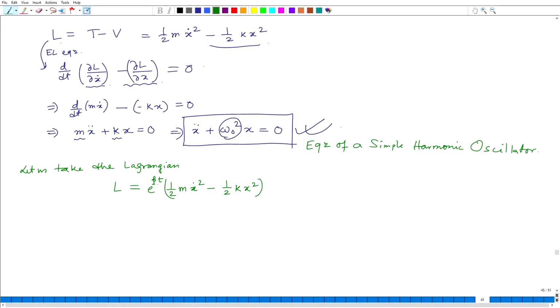If you have a Lagrangian like this, where beta, m and k are constants, this Lagrangian also explicitly depends on t.